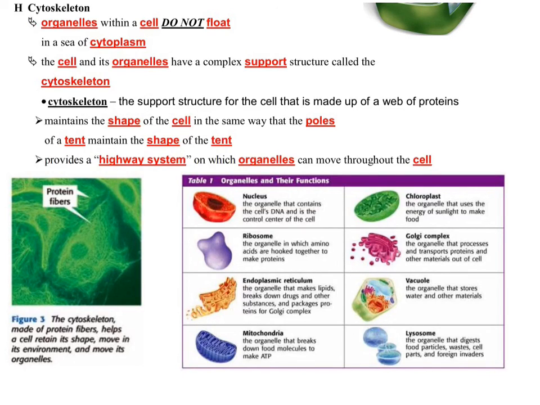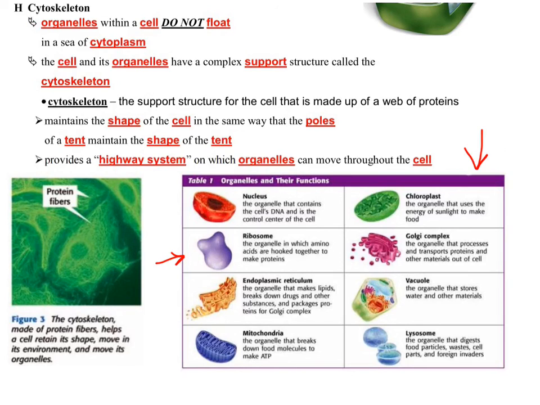All right, so this table down here, table number 1, has a breakdown of some of the organelles we've talked about here. The nucleus, ribosomes, actually ribosomes we didn't talk about in this unit, but we did talk about them in the previous unit, Unit 5, endoplasmic reticulum, mitochondria, chloroplast, Golgi complex, vacuole, and lysosomes.